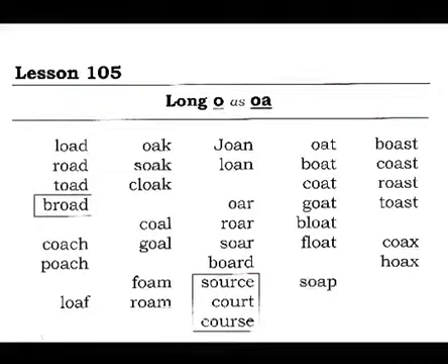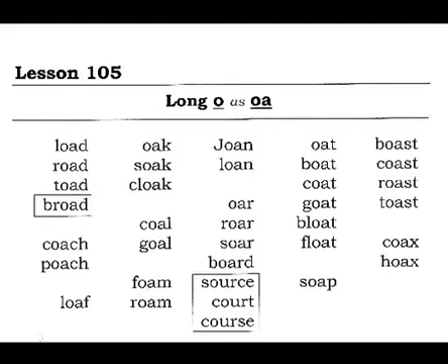Now in Lesson 105, we have another way of spelling long O, and that's O-A. And as I've said before, there are no silent letters in English. O-A together stand for long O, as in such words as road, coach, Joan, coat, boat, toast, T-O-A-S-T, toast.